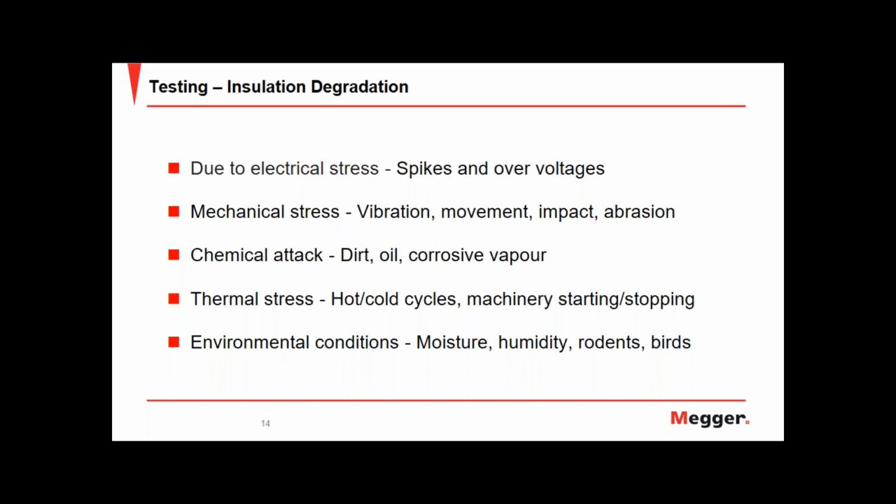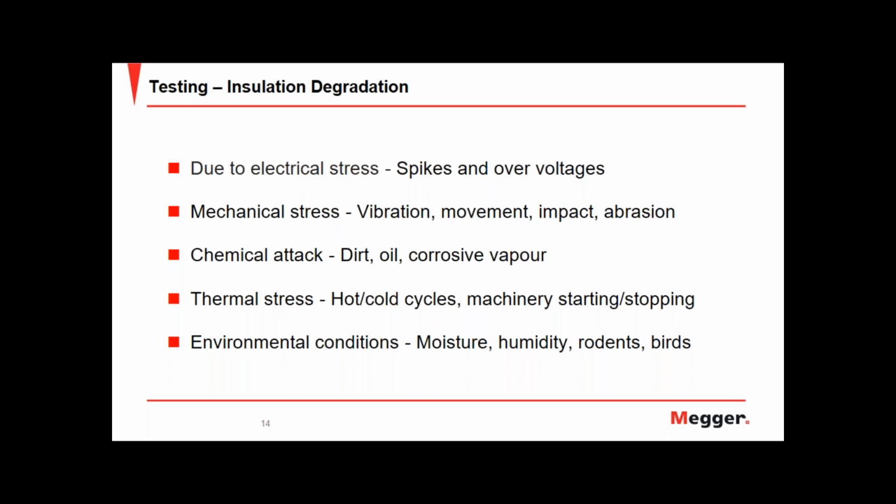And then we have the environmental effects. We mentioned UV, okay, but we've also got dirt and oil, and sometimes in some factories we've got corrosive vapors. These all can attack our insulation material. Now, of course, most assets don't operate constantly. They often stop and start.